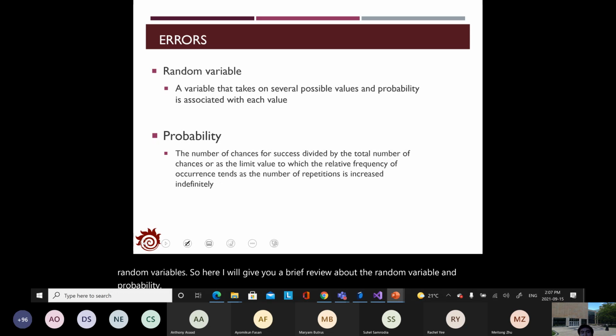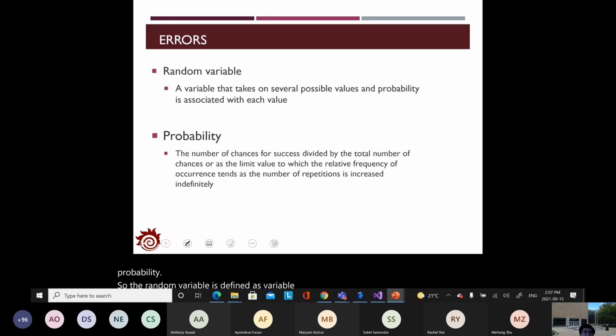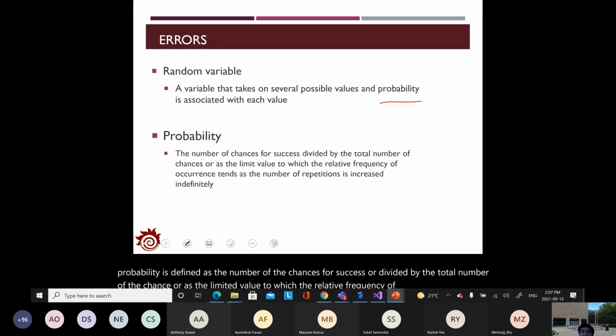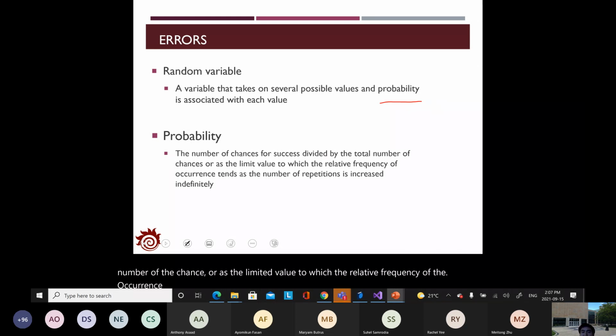The random variable is defined as a variable that takes on several possible values, and each value has a probability. The probability is defined as the number of chances for success divided by the total number of chances, or as the limiting value to which the relative frequency of occurrence tends as the number of repetitions is increased indefinitely.